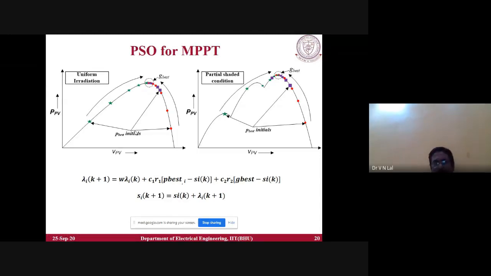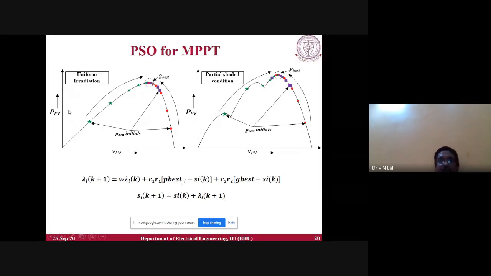There will be a slight difference, but they're almost equal. So if they're almost equal, then that means there will be no oscillation at this point. Negligible, completely negligible oscillation at this point, because all the 3 particles will have the same solution.